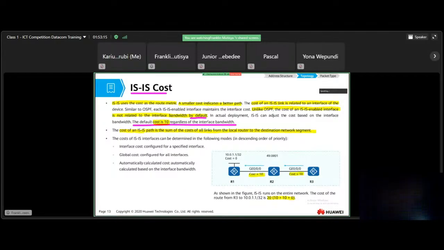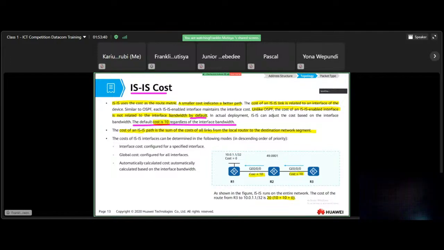ISIS also has another concept we call cost. But cost here is treated differently from OSPF. In OSPF, by default, OSPF cost is based on the link bandwidth.